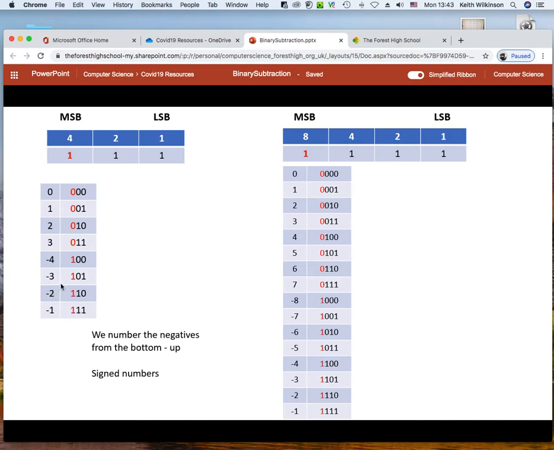And then -2, -3, -4. And that is all the numbers I can represent with 3 bits. I can start off with my largest being 3, 2, 1, 0, -1, -2, -3, -4. They are all the whole numbers I can represent, positive and negative, with 3 bits.